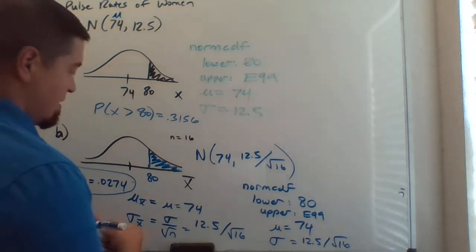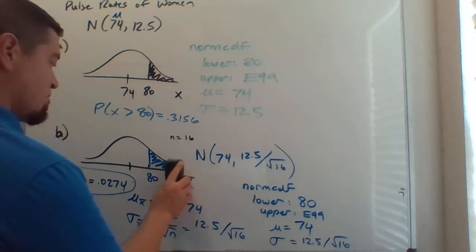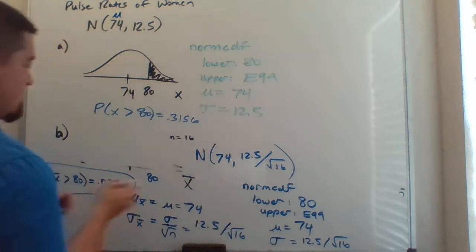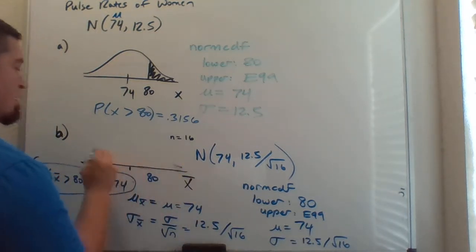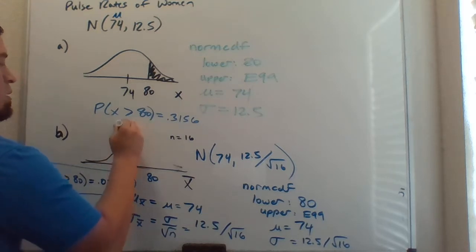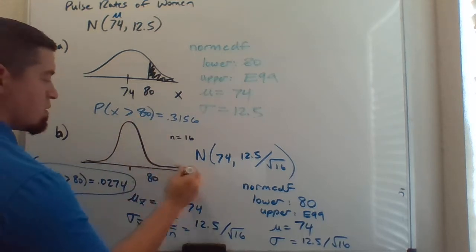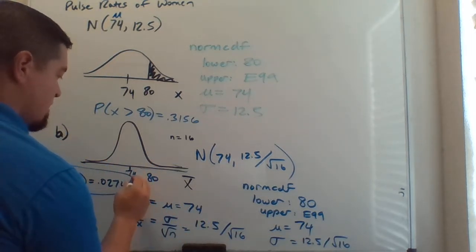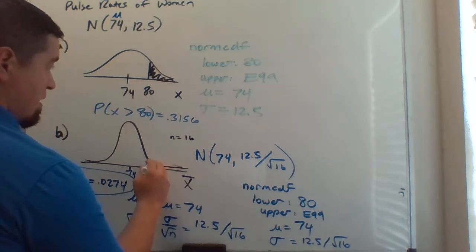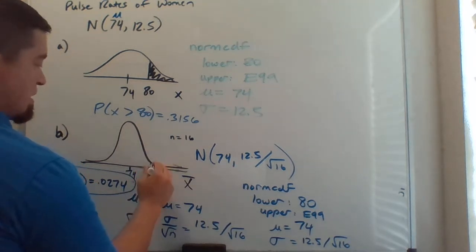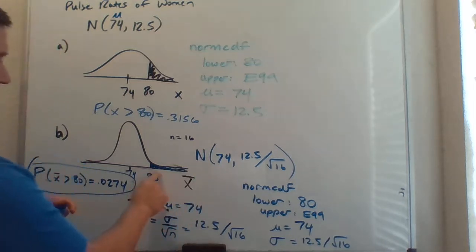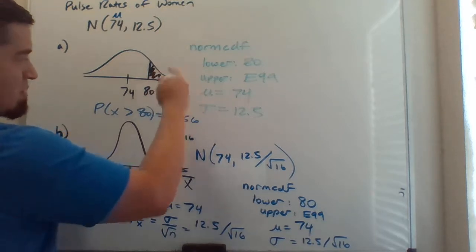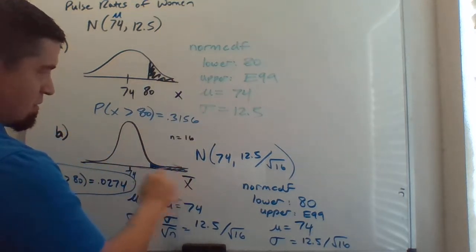And better illustrated would be if I drew this, as I mentioned earlier. The standard deviation would decrease, so this normal curve would be a little tighter this way, and 74 would remain here. 80 would remain there, but notice, if 80 is here as compared to here, this is about 31%, 32% if we just say, and that would be about 3%.